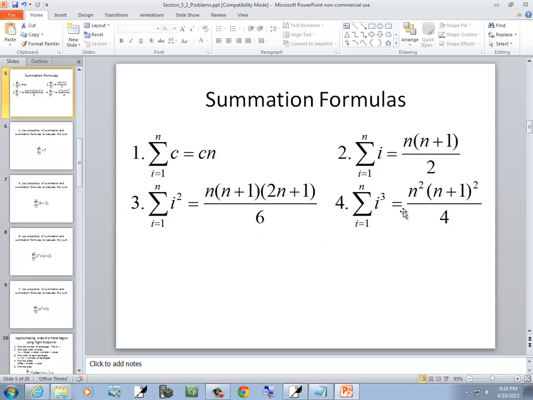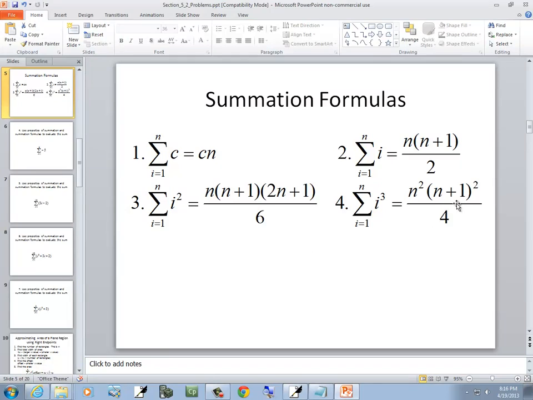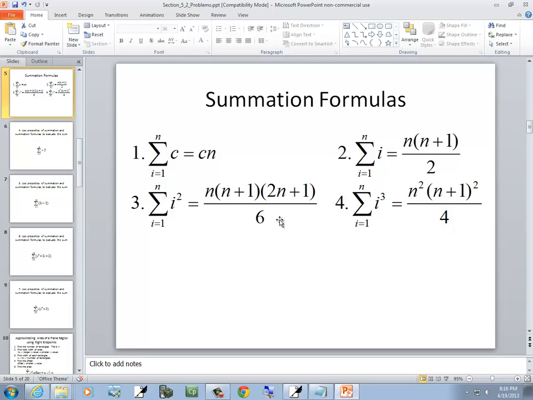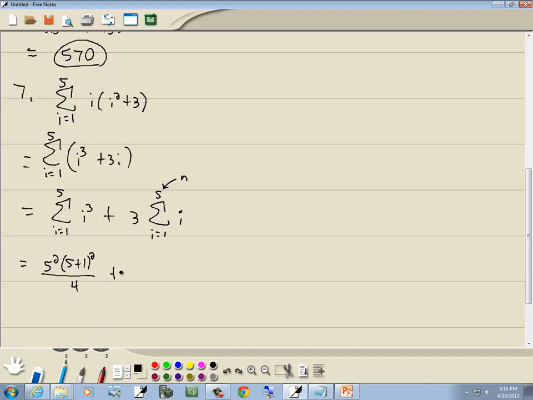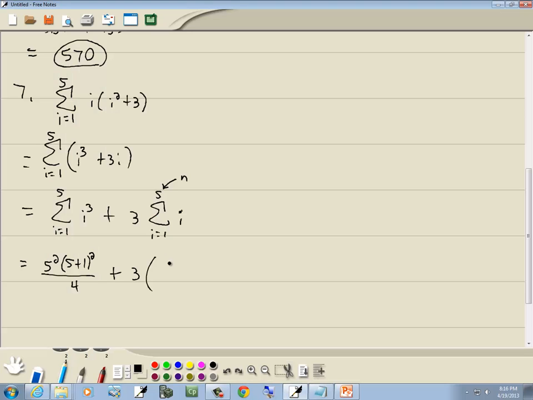So let's look at i to the third. That's property 4. It says n squared times n plus 1 squared over 4. So we're going to have 5 squared times 5 plus 1 squared over 4. Plus 3 times, and then i is our second, which is n times n plus 1 over 2.